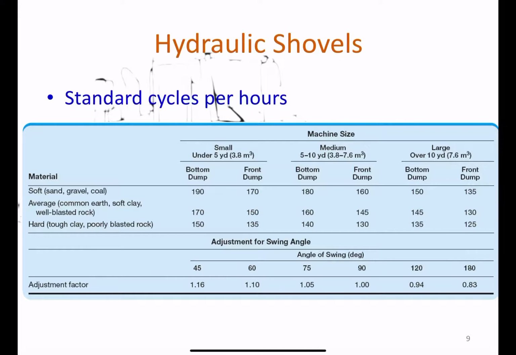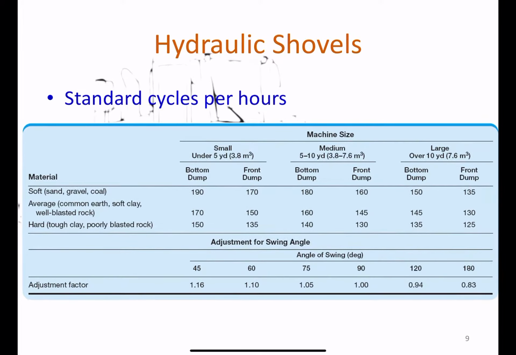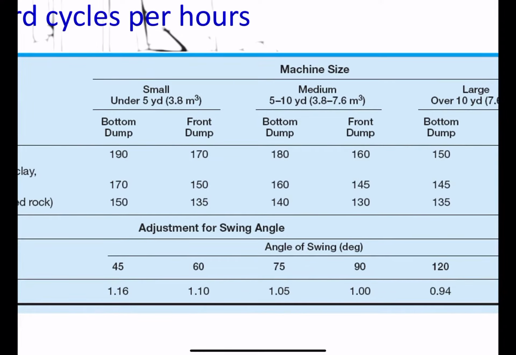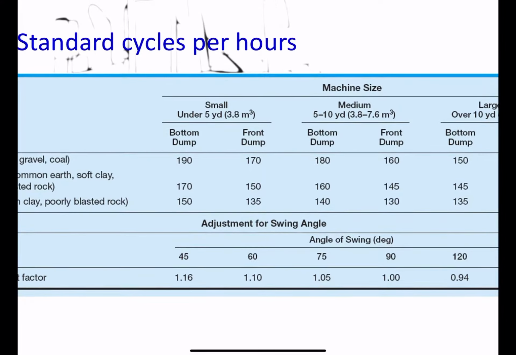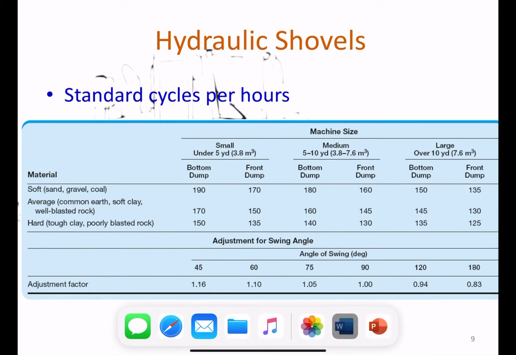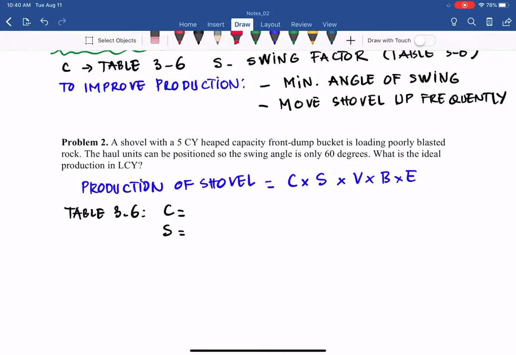Poorly plastic rock, the last column, and ours is 5 cubic yard. So you can have a front dump, right? So it will be 130 for C. And for the adjustment factor, the angle is 60 degrees, so we have S equal to 1.1. So C equals 130 cycles per hour, S equals 1.1.